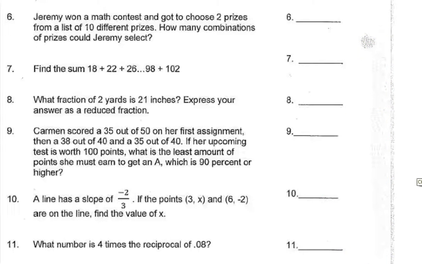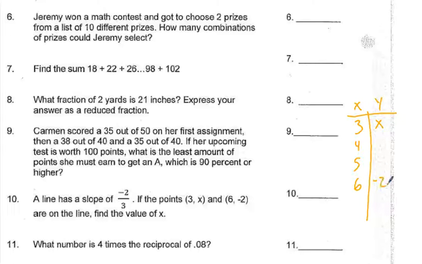Number 10. A line has a slope of negative 2 over 3. If the points 3, x and 6, negative 2 are on the line, find the value of x. So we have 3, x, and then we have 4, 5, 6. That's right, it smells like a table.